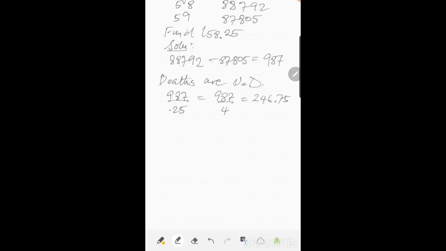Now we need to find l58.25. So l58.25 should be above 58 but below 59. So we say l58.25 is equal to what?